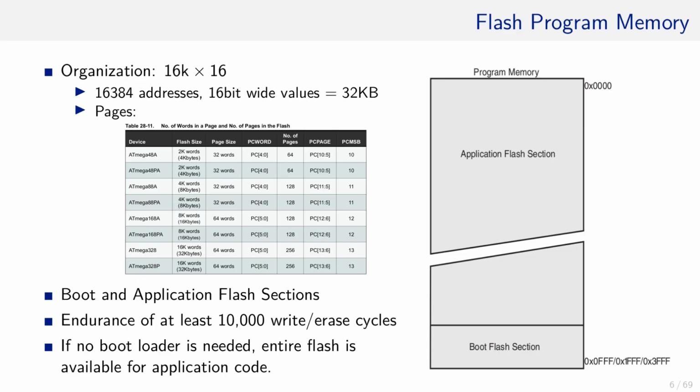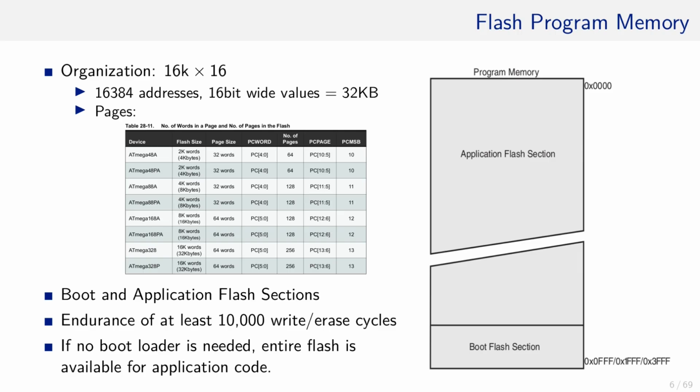Internally, the 32 kilobytes of the ATmega 328P are organized in 16-bit sized words accessible through 16,384 addresses. And further, depending on the ATmega that we have, in several pages.